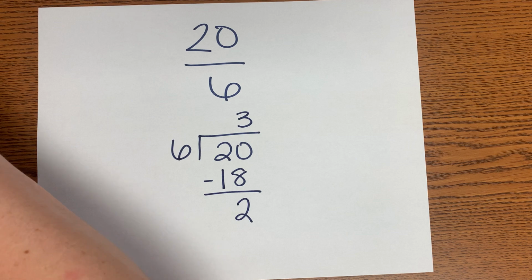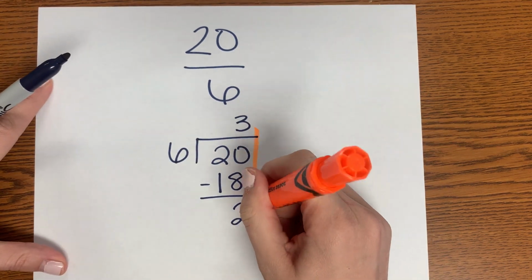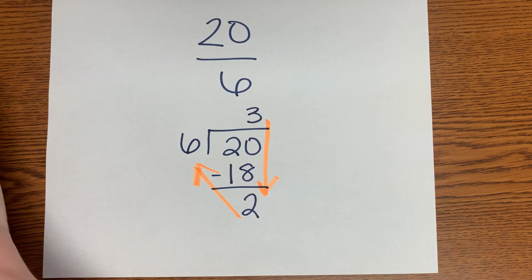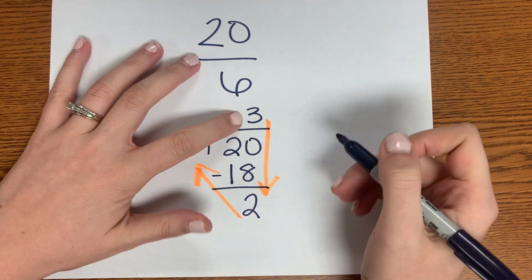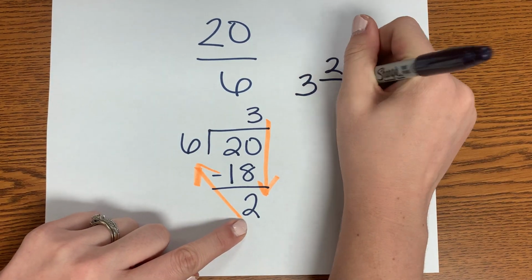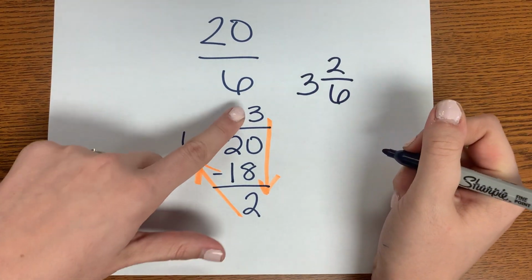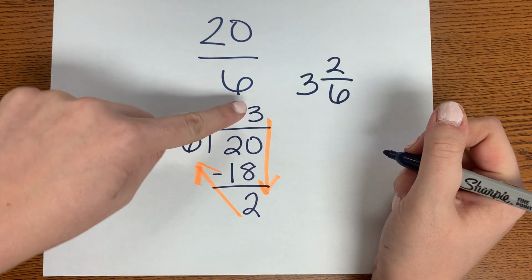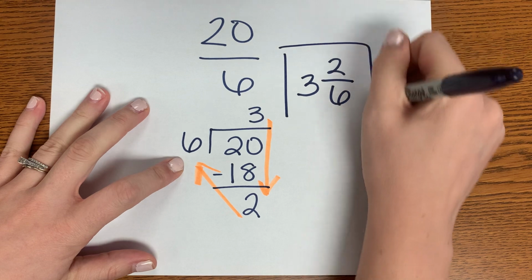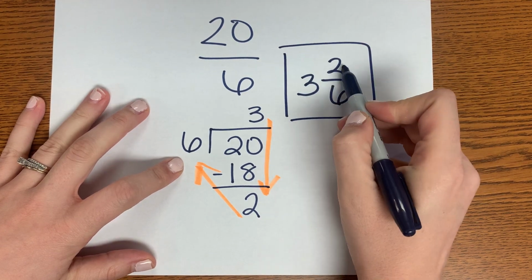So now remember our orange arrows always, and if it helps you to write them, please do. We're going to start at the top with the quotient, 3 and 2/6.